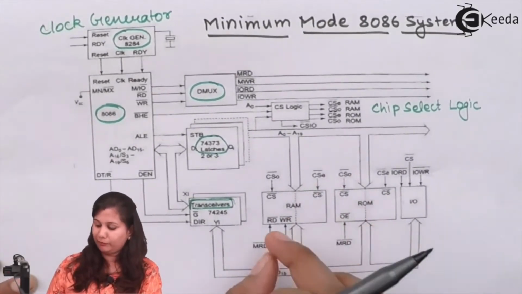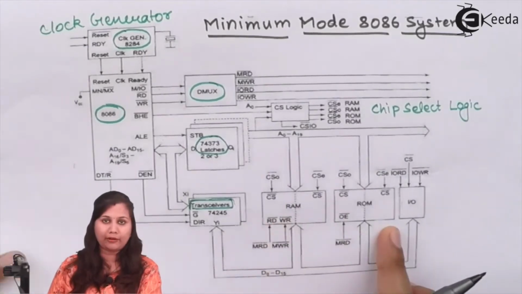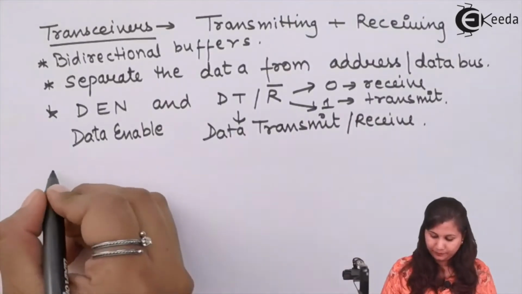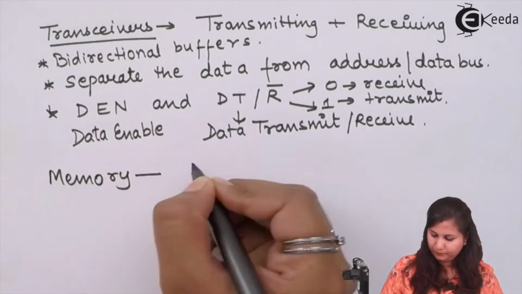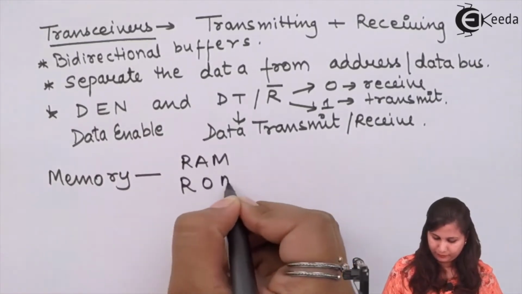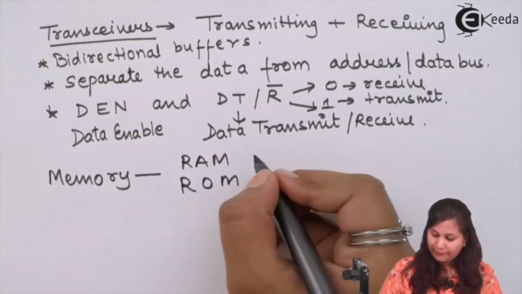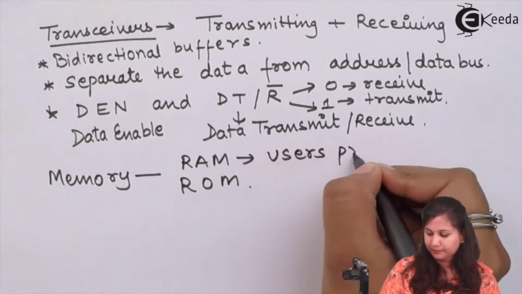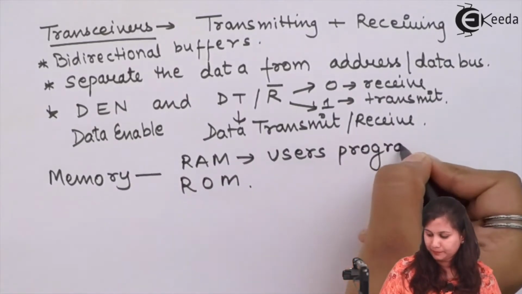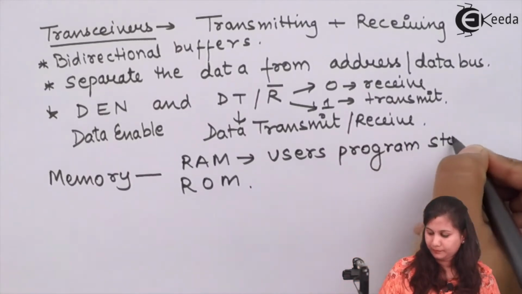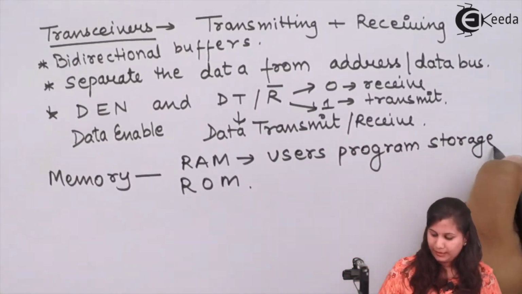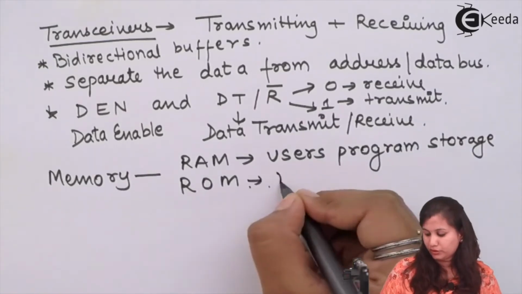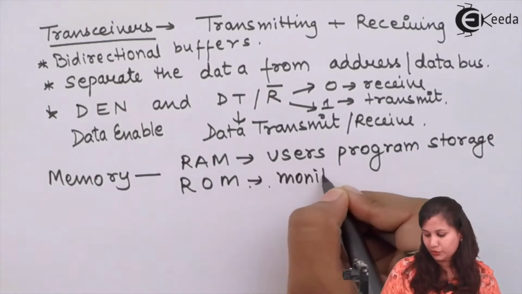Now next we have the memory part. In memory we have both types of memory, RAM and ROM. Now RAM is used for storing the user's program, and ROM is used for the monitor storage.